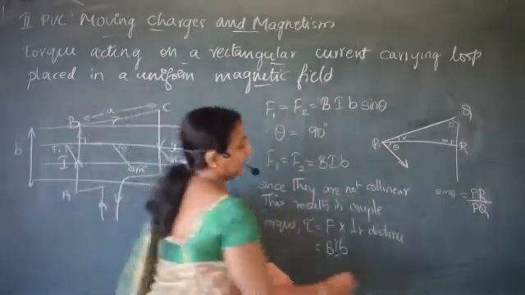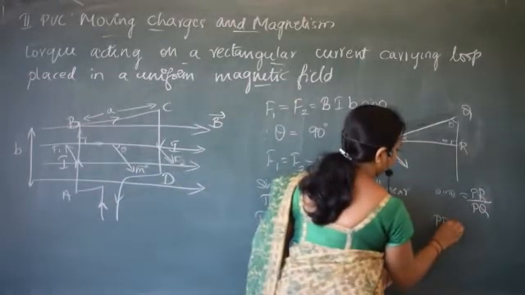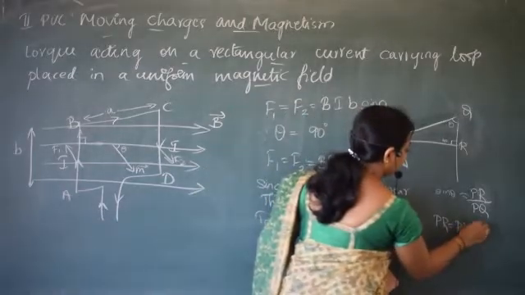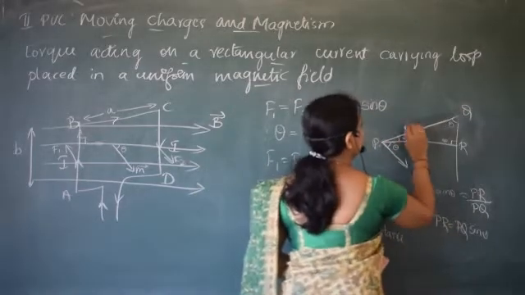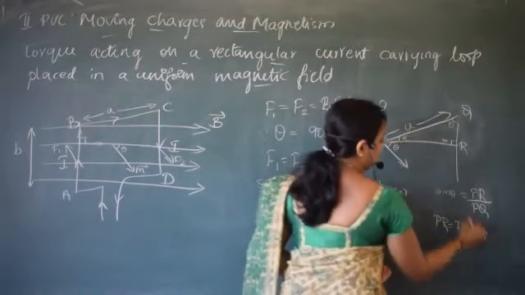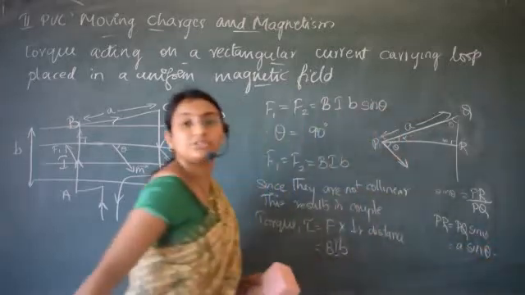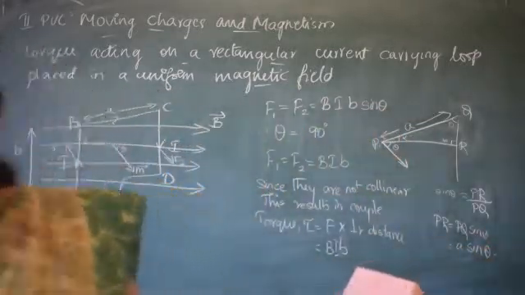Then I can write PR, that is our perpendicular distance, is equal to PQ into sine theta. What is this distance? A. Correct? So A sine theta. Understood how it is? Can you see the board?